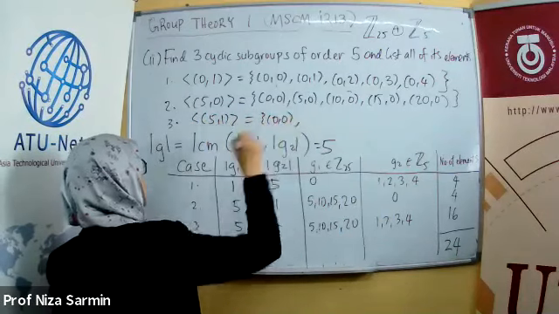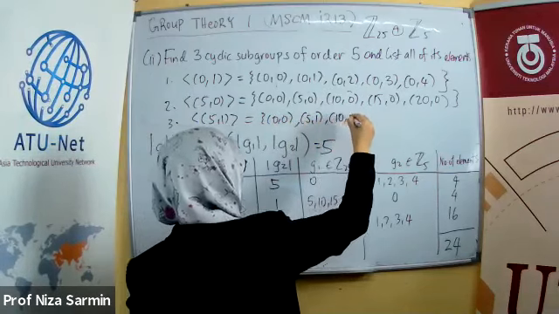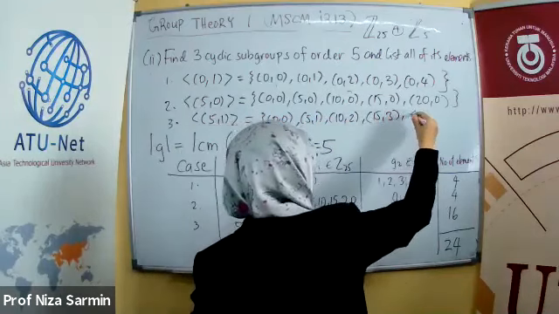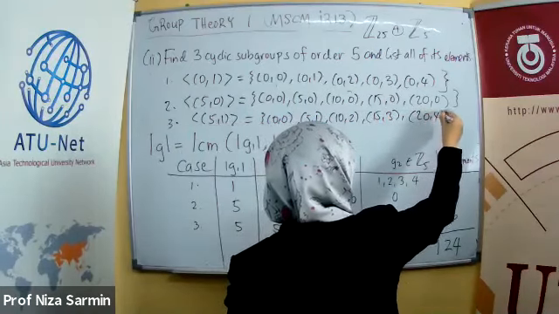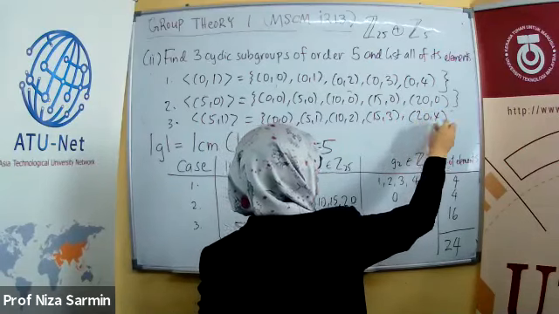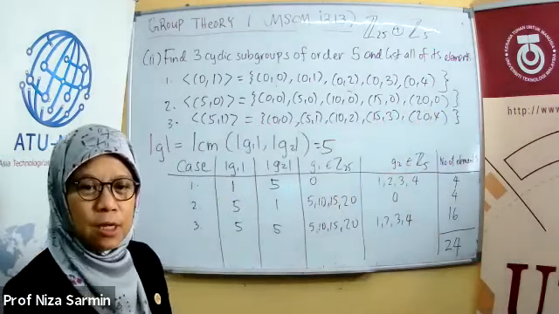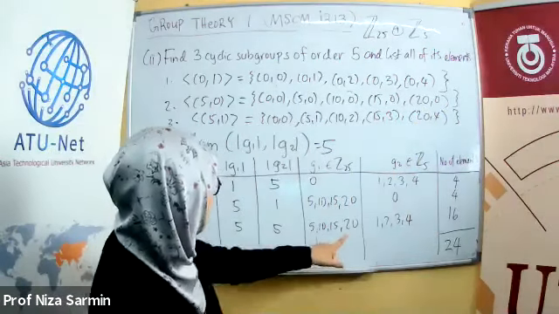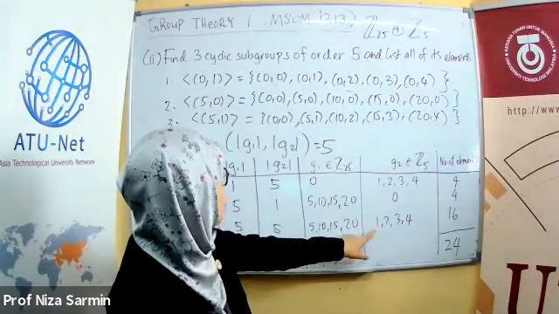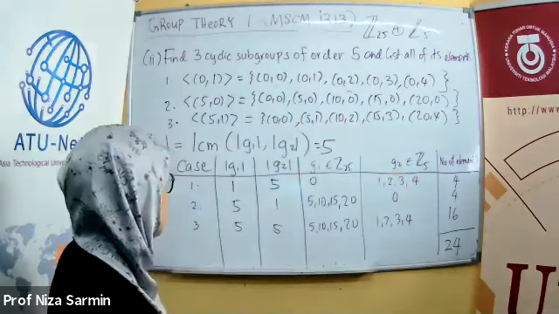So 0 will be the identity. 5, 1, 10, 2, 15, 3, 24, and then 5, 1 will be 0, right? So if you pick 21, you will get also the same. Okay, they generate the same thing.